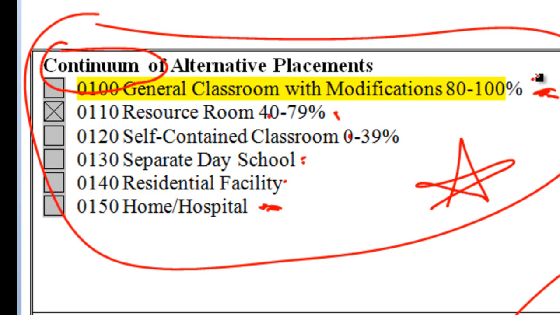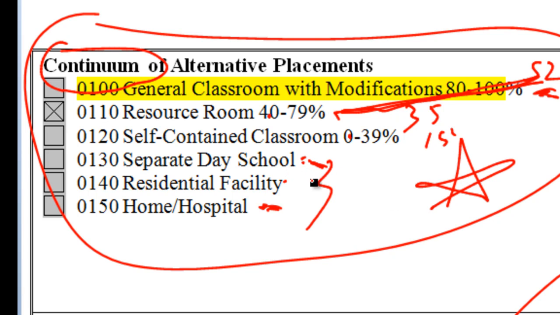Remember we just said about 85% fit into one of these two, about 52% here and 35% here, and then it goes way down from there. Here's about 15% here, and then this separate day school means a different environment, and these are somewhat self-explanatory. Now before you go, don't go.